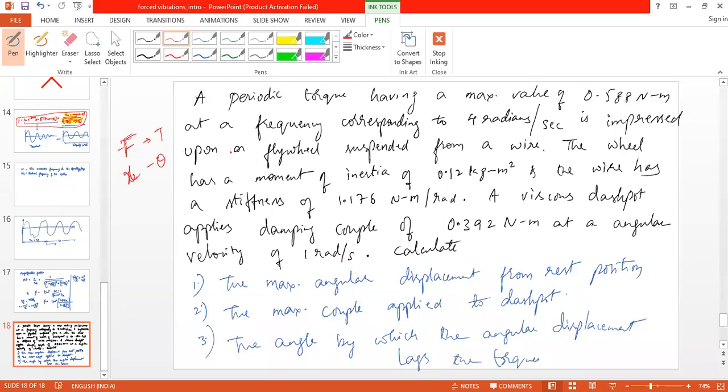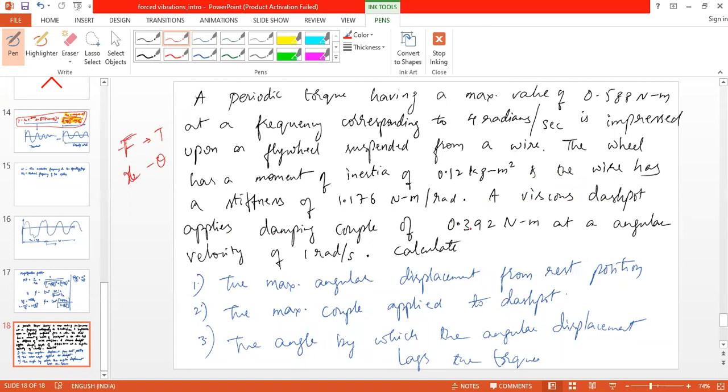That is, 0.588 Newton meter torque is applied at a frequency of 4 radians per second on a flywheel suspended from a wire. The wheel has a moment of inertia of 0.12 kg meter square, and the wire has a stiffness of 1.176 Newton meter per radian.